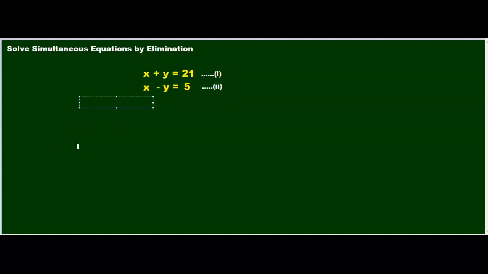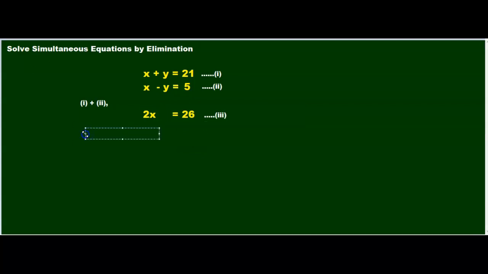So we're going to say equation 1 plus equation 2. So x plus x gives me 2x, and then y minus y gives me 0, equals 21 plus 5 gives me 26. I'm going to call that equation 3.